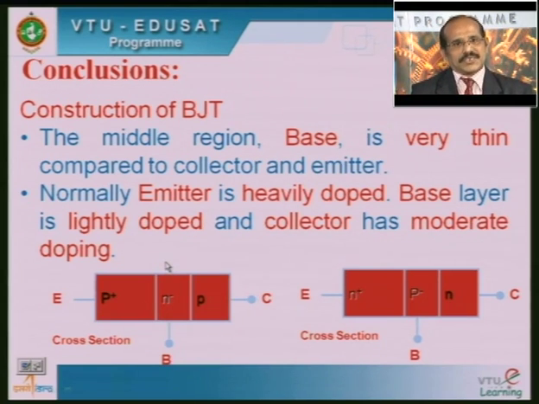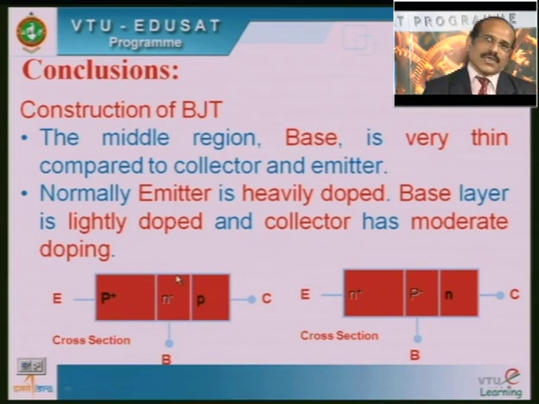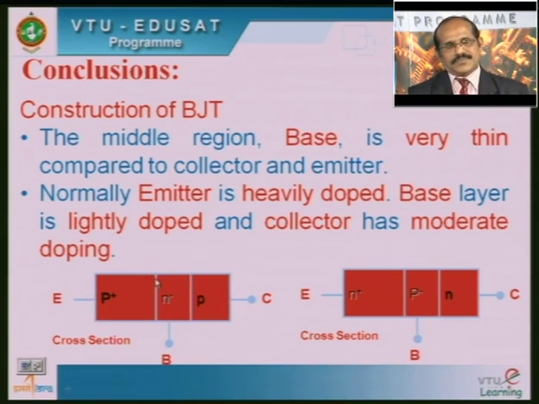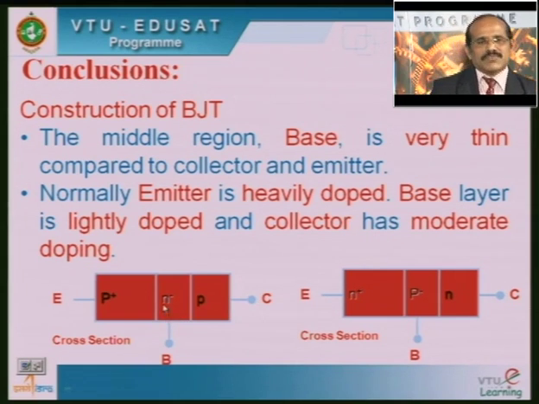As far as the construction of the bipolar junction transistor is concerned, it is very evident from the figure that the P layer has more width, whereas the N layer has less width compared to the other layers. So note this point on width: the P layer, which acts as the emitter layer, has more width, whereas the N minus layer, which acts as the base layer, has less width compared to the others.